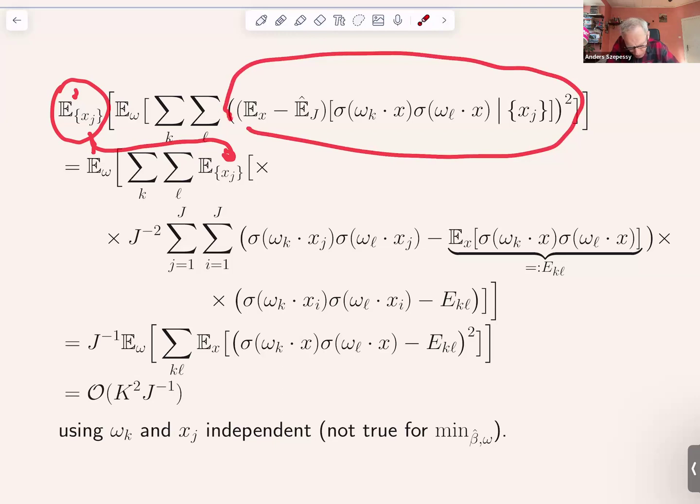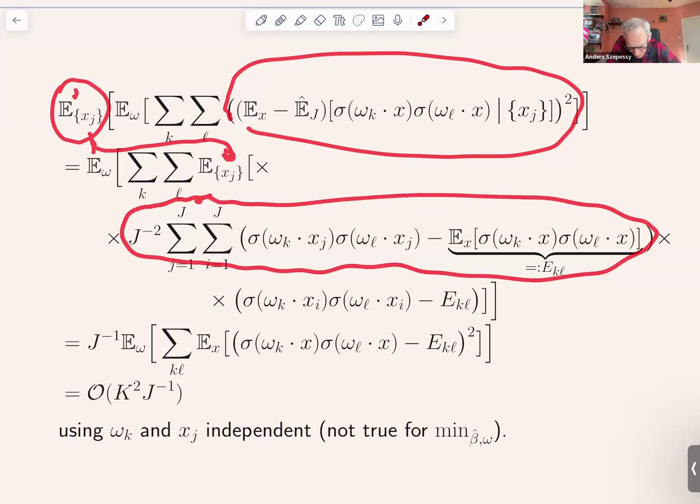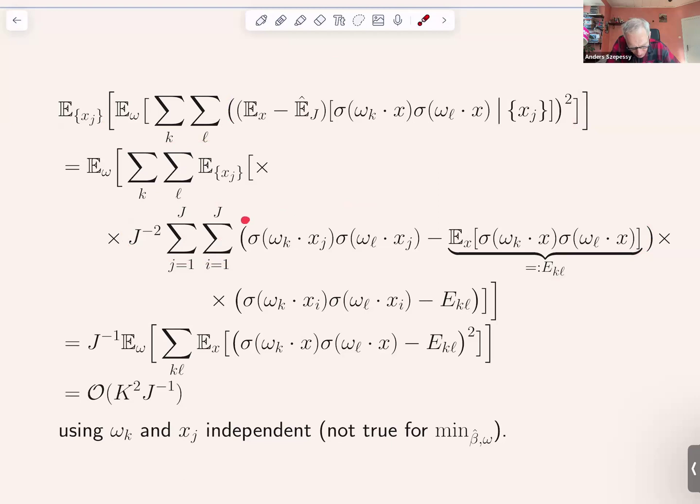The square is written out in detail here, the double sum, 1 over j and 1 over I. So here is the term with j, and then we have a term with I here. And I denote the expected value by EKL. They are, of course, the same here and here.